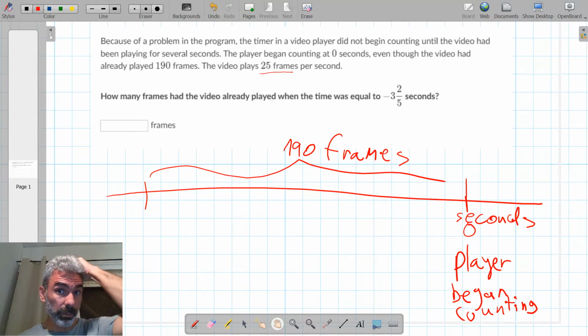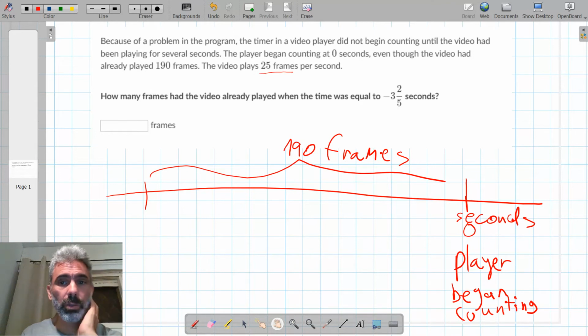How many frames? Okay, so I need to multiply -3/2 times 25 frames, and then I will know how many frames the video had already played.